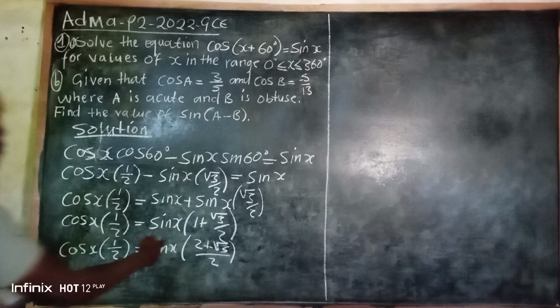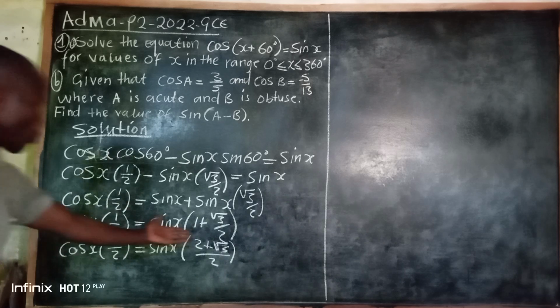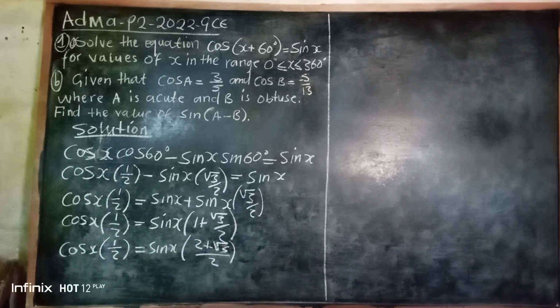2 plus the root of 3 over 2. So that is the latest answer that we have just gotten out of this. Now from there, what are we going to do? Since we are solving for x, we are going to divide both sides by cos x.